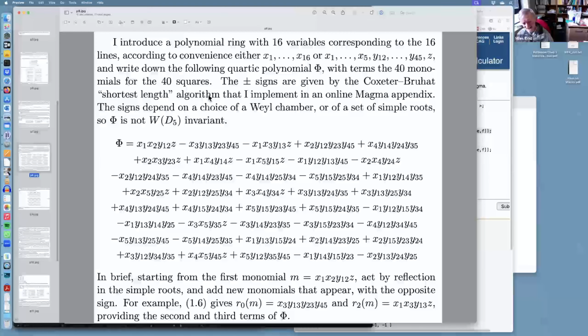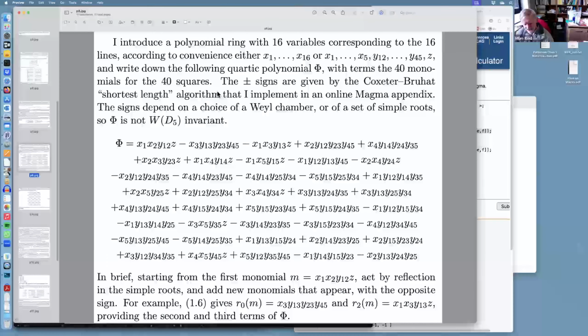Coxeter-Brewer shortest length algorithm. So I have a reflection group with named generators. So every element of the group is a word in these generators.